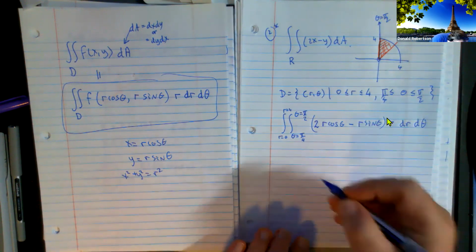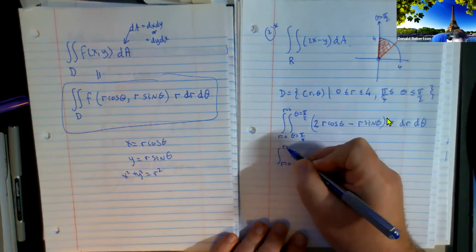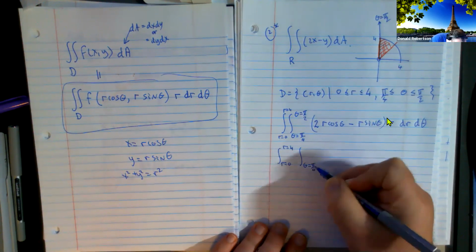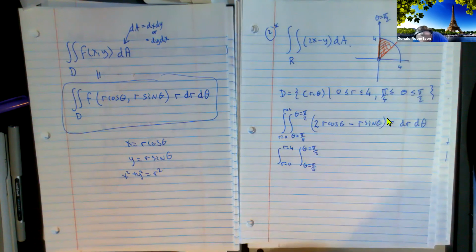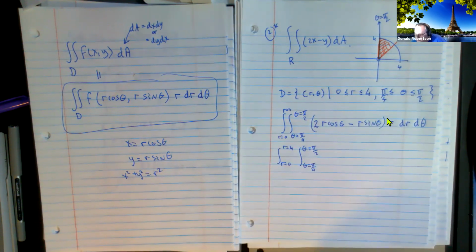Now I'm going to do some style points on this. But not the kind of style points you might be thinking about. You might think I was just going to distribute that r, which would be quite sensible, but I'm not.